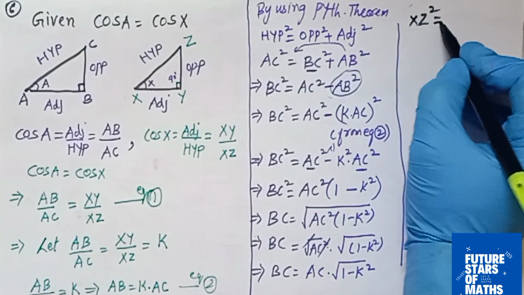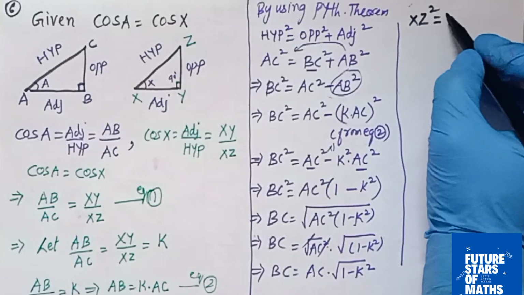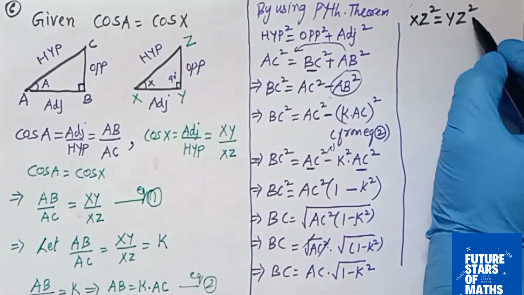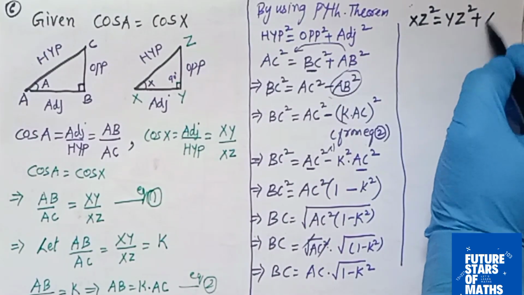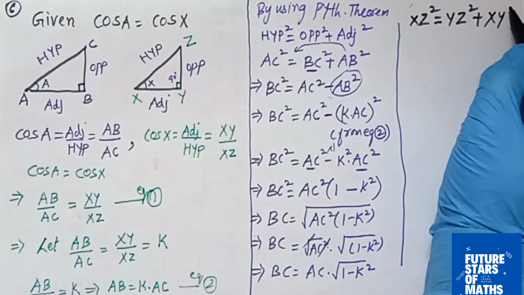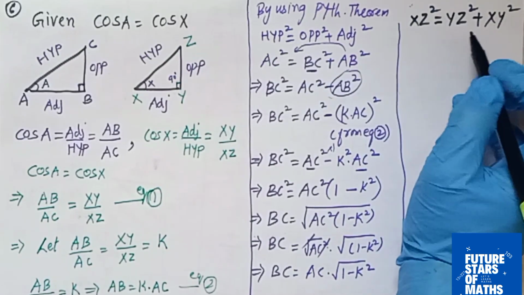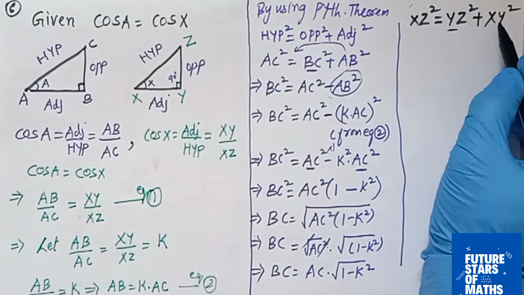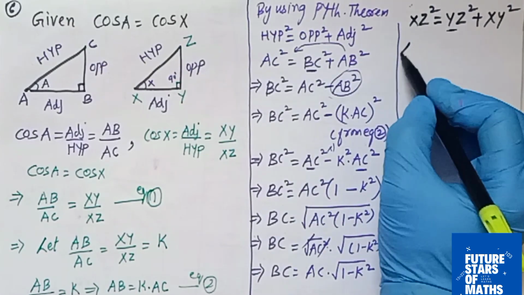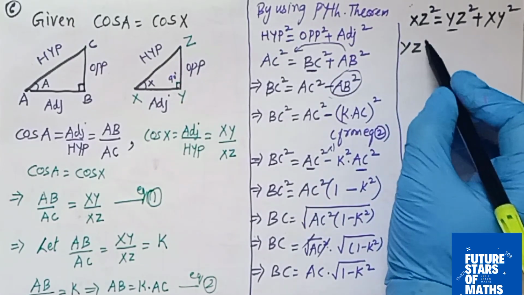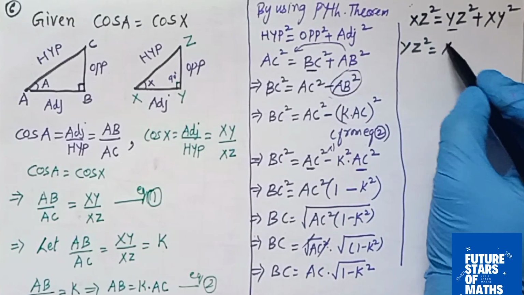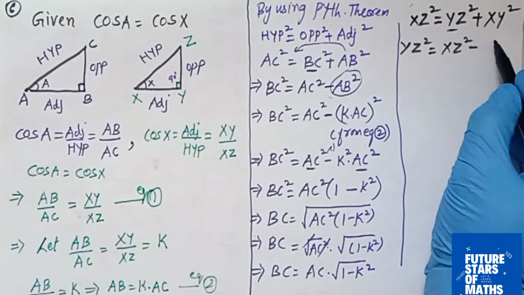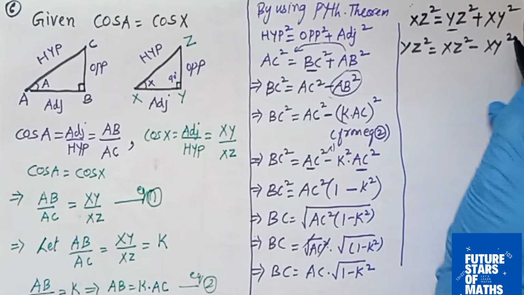So XZ square is equal to the opposite side YZ square plus the adjacent, XY square, which is given. We are going to find the opposite side, so we will shift this XY square here. So YZ square is equal to XZ square minus XY square.